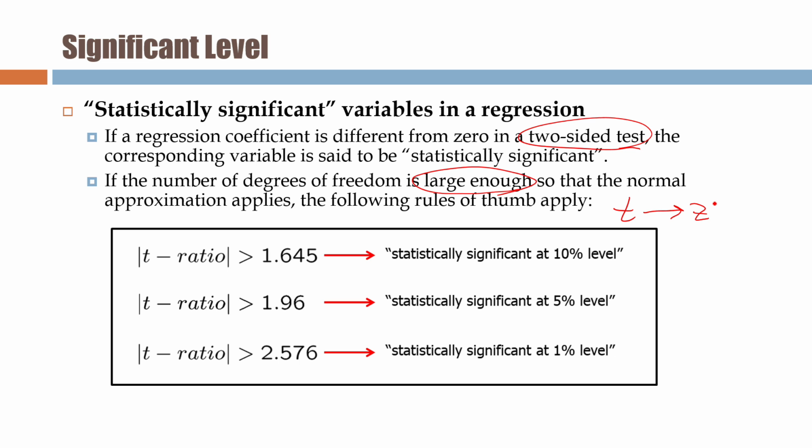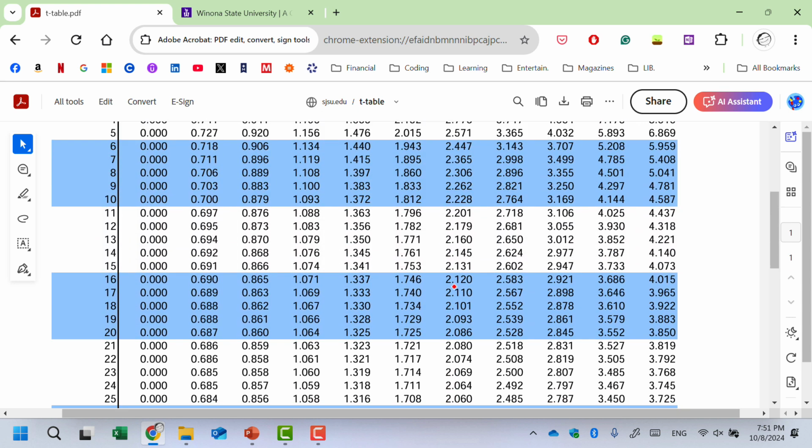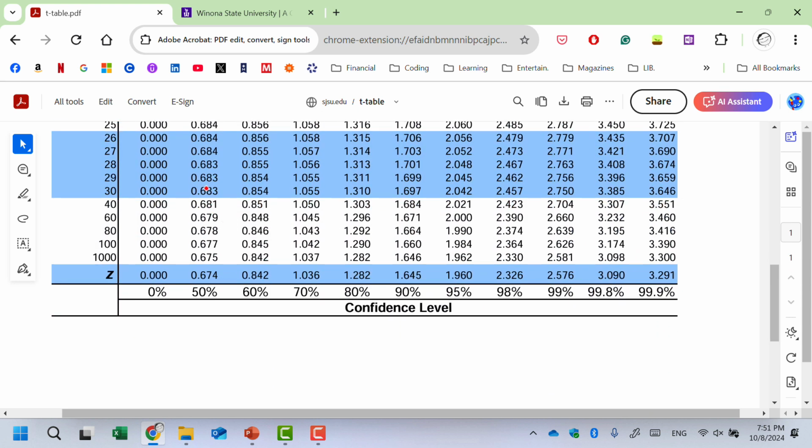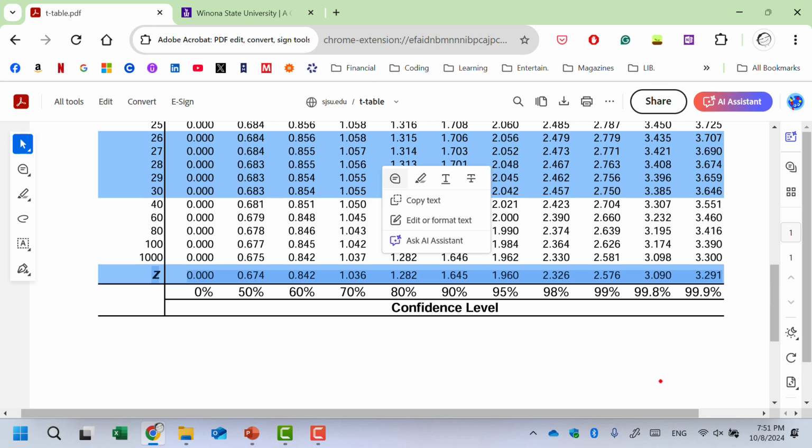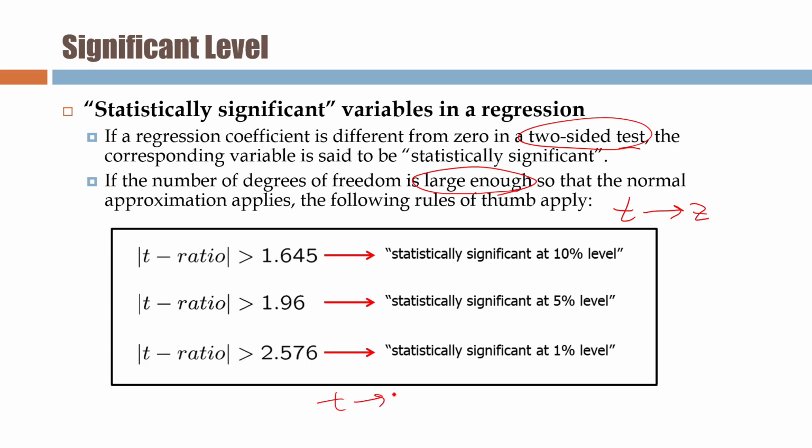Okay, so I can go back. As you can see here, the number is getting slightly smaller, but the final number is like a z. So the z value applies when the degrees of freedom is greater than 1000 or really large, then we can assume that's a z value. So t replaces z when we don't know the unknown sigma.